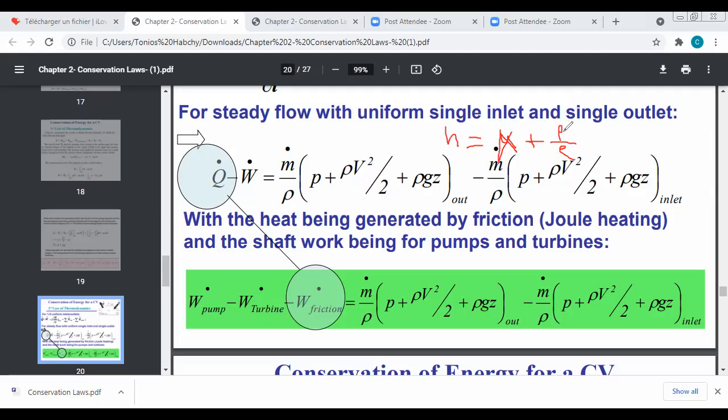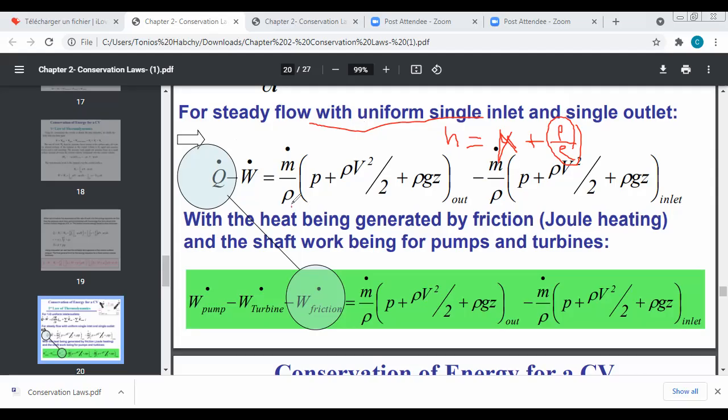And I will just work with this term, which is P over rho. So if you replace H by P over rho in the equation, you will get that Q dot minus W dot is equal to the following. Because we are dealing with uniform single inlet and outlets, as we did for the continuity equation, when you integrate, v dot n is constant, so I can take it outside of the integration.